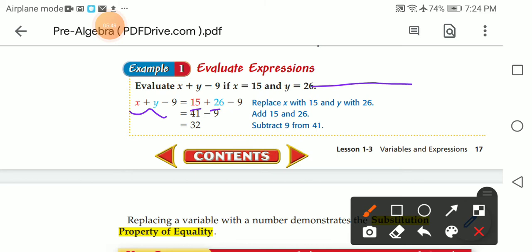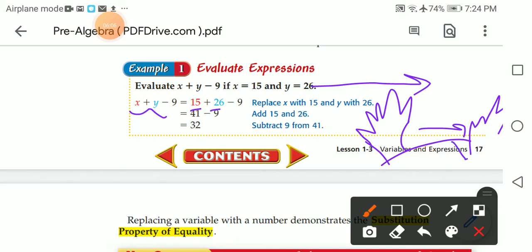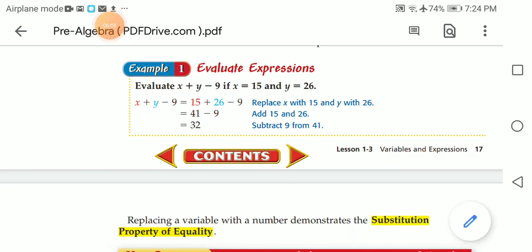I follow the order, plus and minus. Focus with me on the order of operations: addition or subtraction, or division or multiplication. I follow from left to right, from my left hand to my right hand. So I follow the operations from the left to the right.